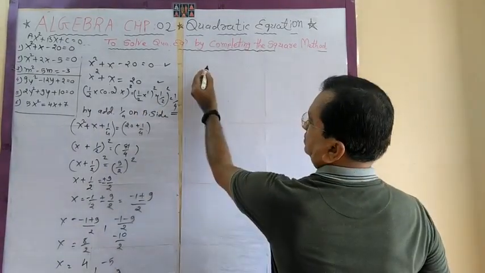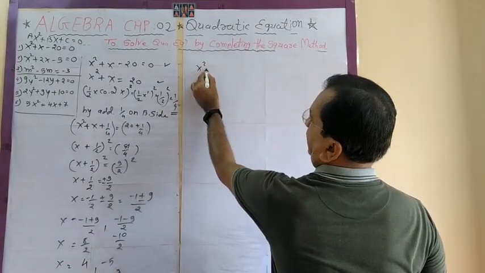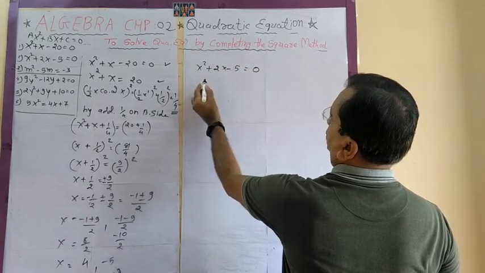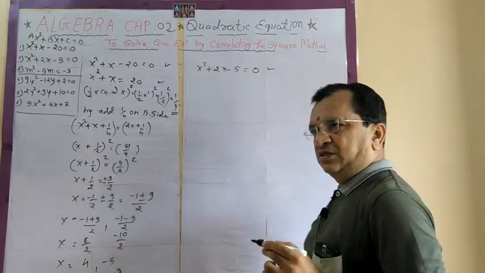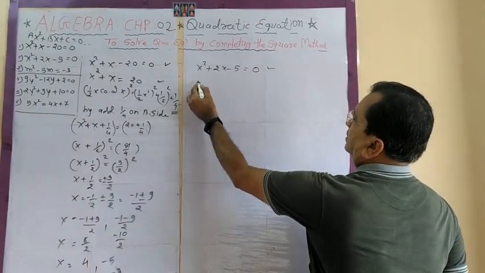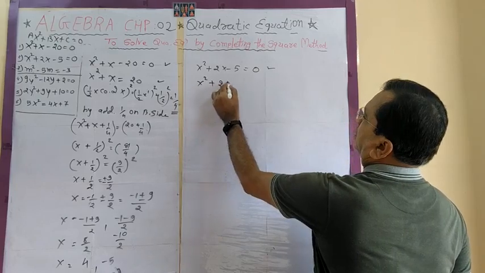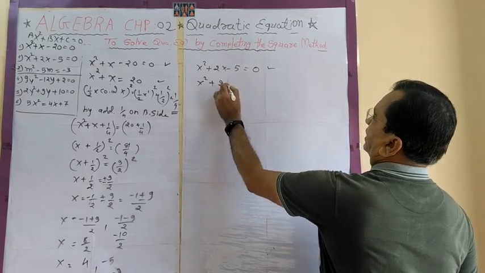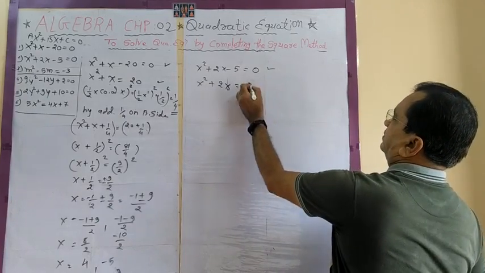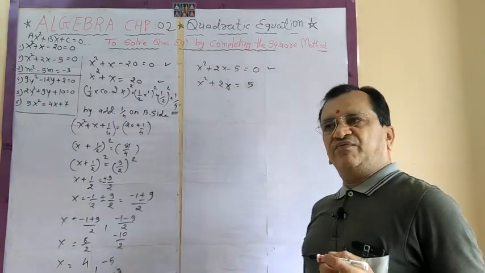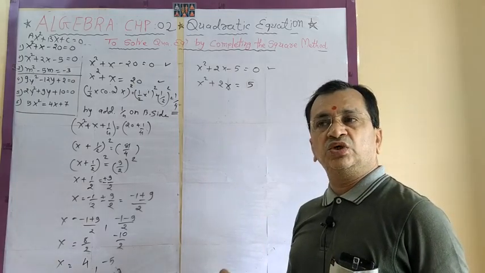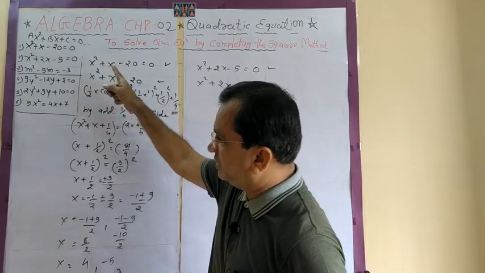Next, x square plus 2x minus 5 is equal to 0. In the standard form, ax square plus bx plus c. Then c on the right side, means 5, sorry. Now formula: half into coefficient of x, means half into b. Coefficient of x means what?